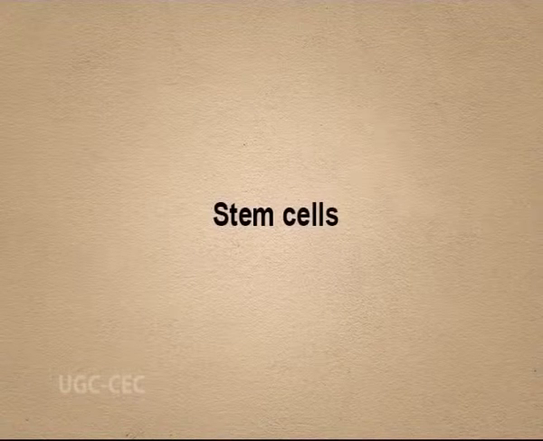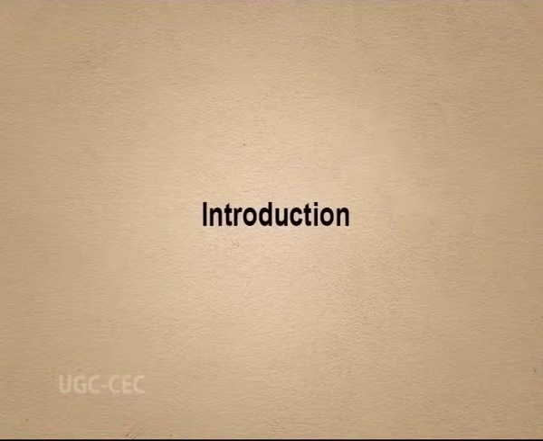Now, let's come to stem cells. Introduction. In multicellular organisms, cells are continually dying and replaced by new cells, but most of the specialized or differentiated cells that need continual replacement are themselves unable to divide.